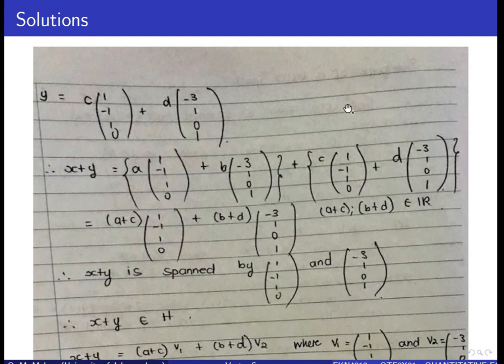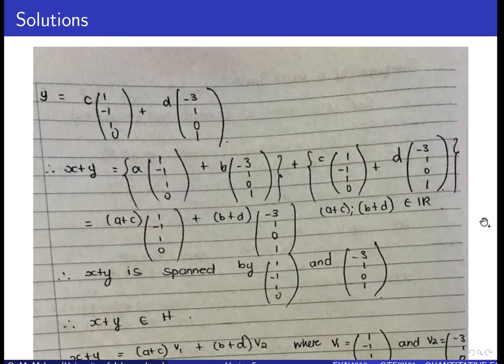So what I have is Y and X. If X is in H, it means that X is also spanned by these 2 vectors, where A and B are just arbitrary scalars.